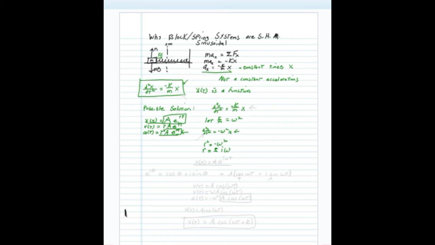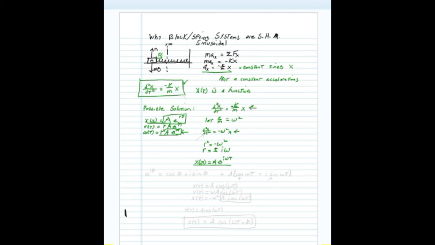Okay, so if we use r equals plus or minus i times omega, we can write our function like this. x of t is a times e to the i omega t, because we had a e to the rt in our model from earlier. All right, so this function right here is a solution to this differential equation.